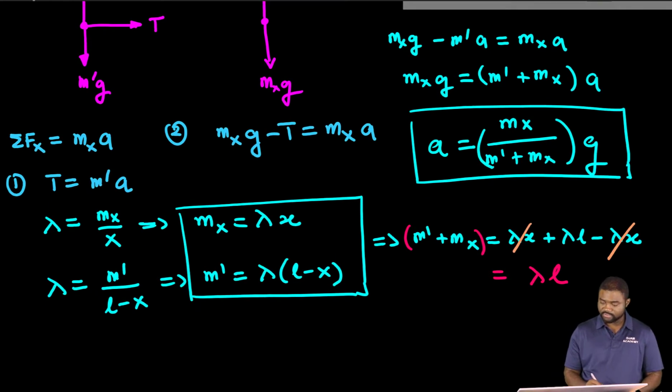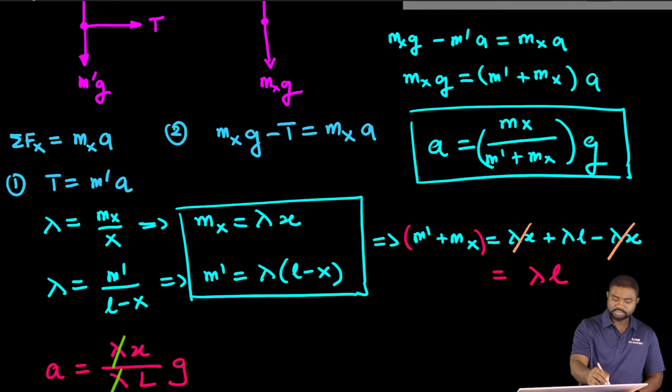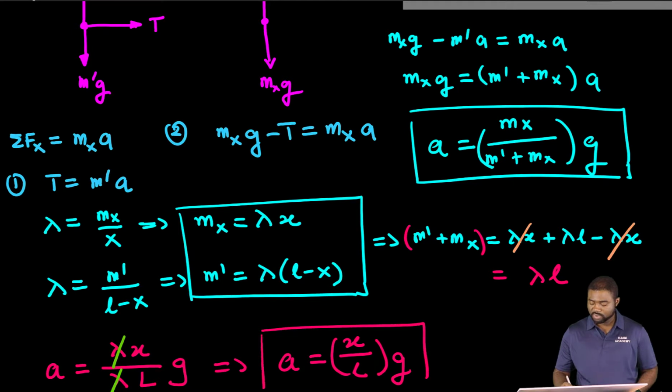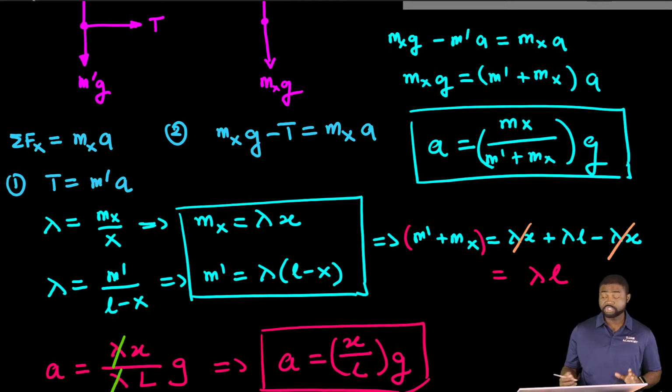Because a then simplifies to become mx, which is just lambda x, divided by lambda L, all multiplied by g. The lambdas cancel, which means that the acceleration of the chain is equal to x divided by L, all multiplied by g.